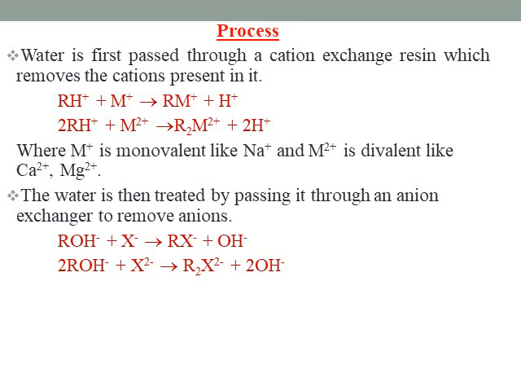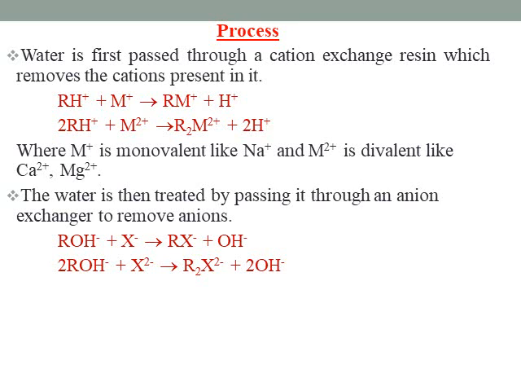Two moles of ROH will react with X2 minus and form R2X, releasing 2 moles of OH minus. So water, when passed through a cation exchanger, which can exchange only the cations but not the anions, will be free from all the cations, and H plus is released into the solution.